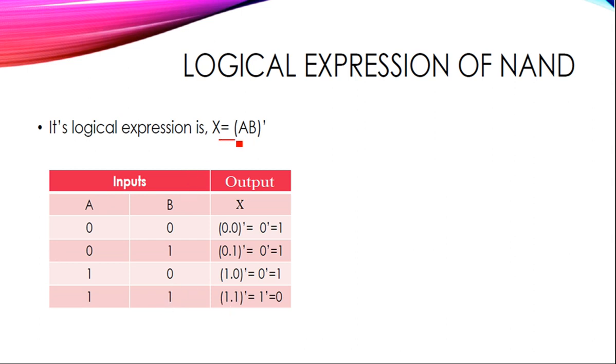So x is the output, A and B are the inputs, AB bar. So here AB tick is nothing but AB bar. And this is the truth table. As I told, 0 into 0, take the complement. So 0 into 0 is 0. So if you take the complement of that, you get 1.